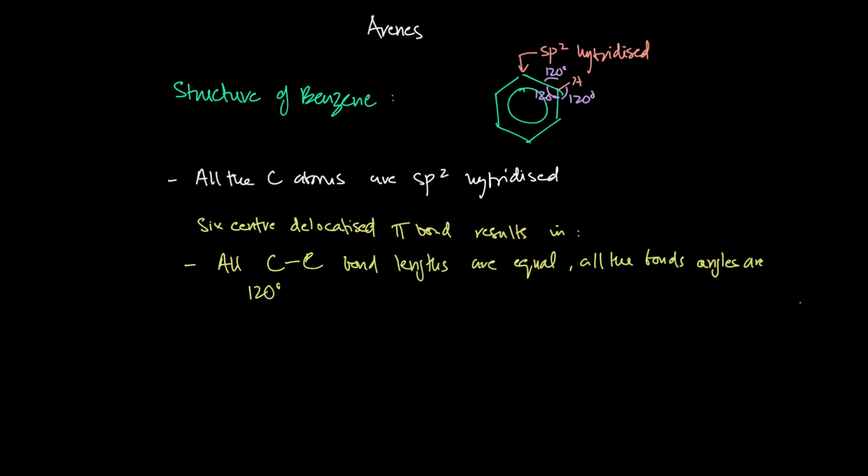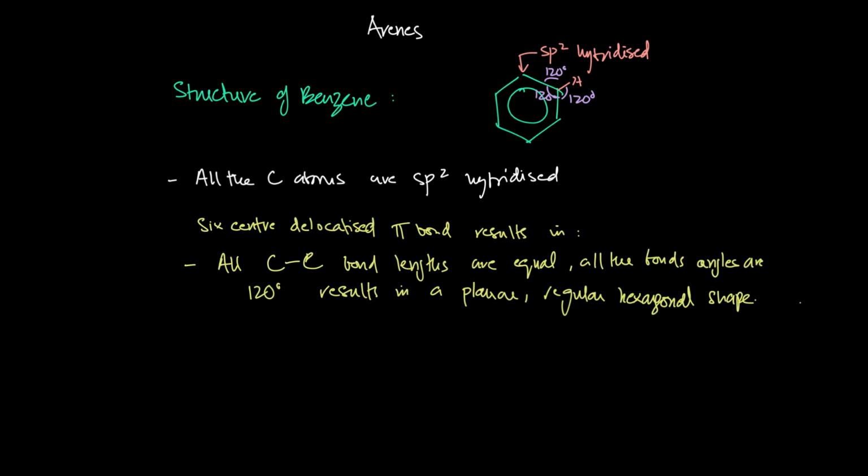So benzene is actually a regular hexagon. So this results in a planar, regular hexagonal shape.